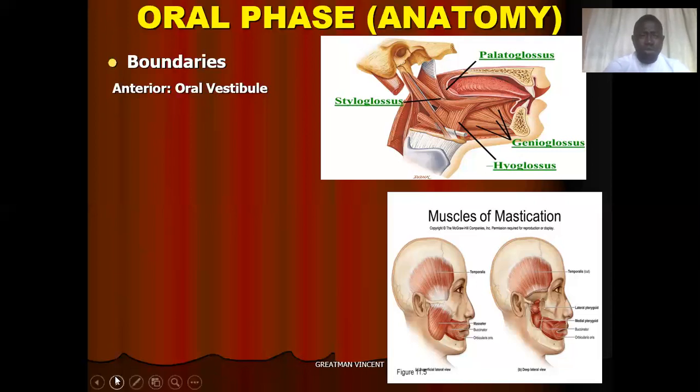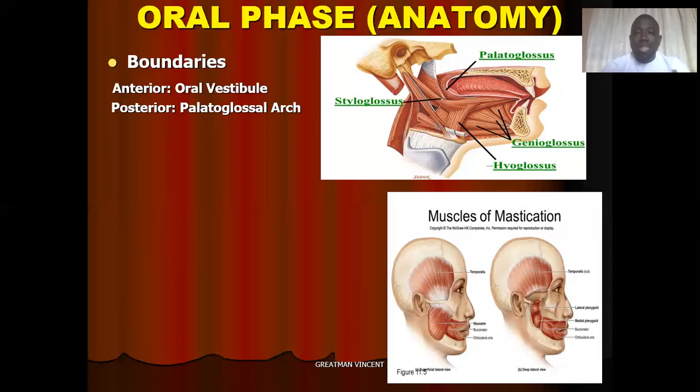So these are the two specific boundaries of the oral phase, the oral vestibule, and then the palato-glossal arc. If food is found in between these two boundaries, then we are saying that food is in the oral phase. Now that we've seen the boundaries, we're going to take time and look at what happens to food in between these two boundaries. And that is going to be our next lecture.